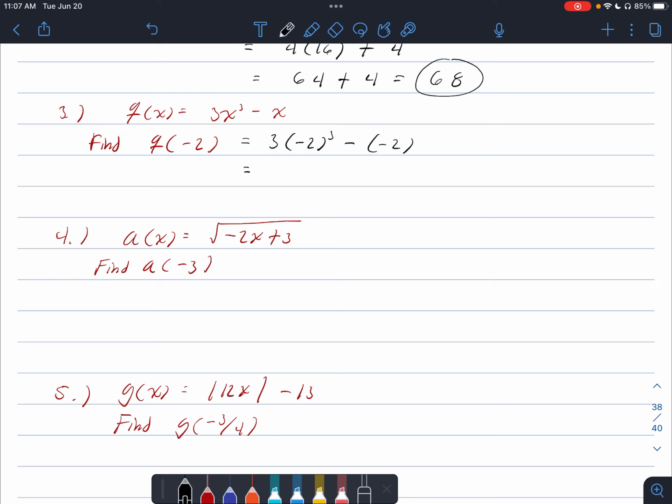Negative 2 times negative 2 is positive 4, times negative 2 again is negative 8. So this is 3 times negative 8, plus 2. And this is equal to negative 24 plus 2, or we just have negative 22.